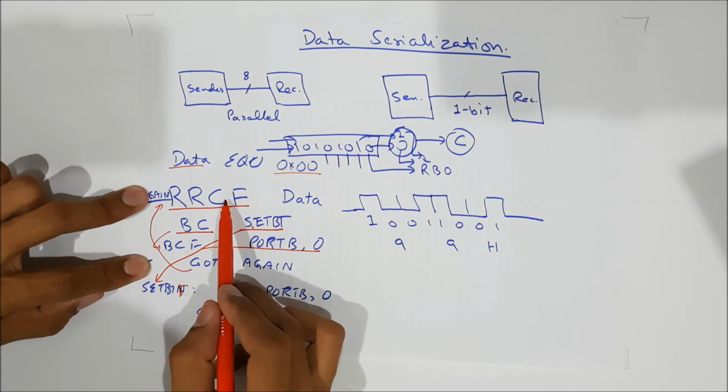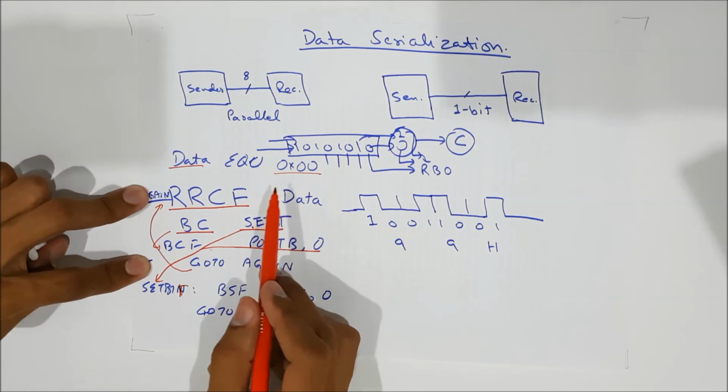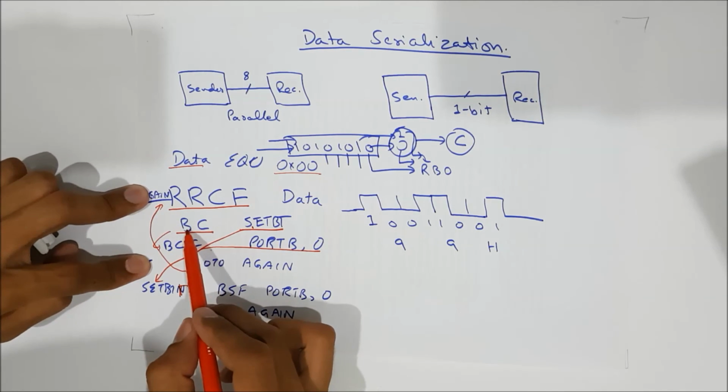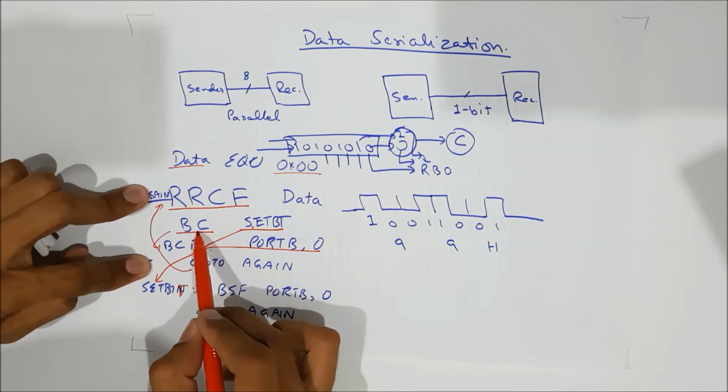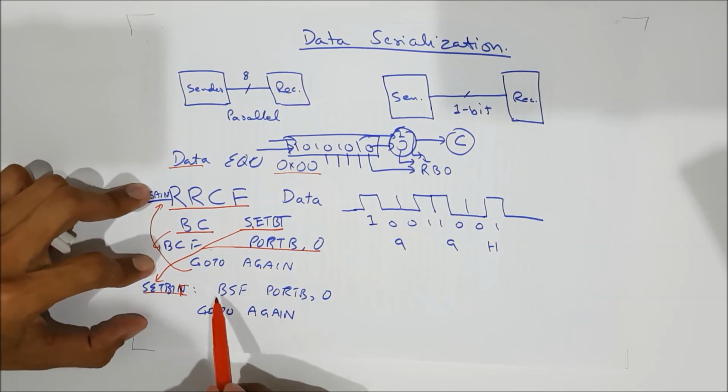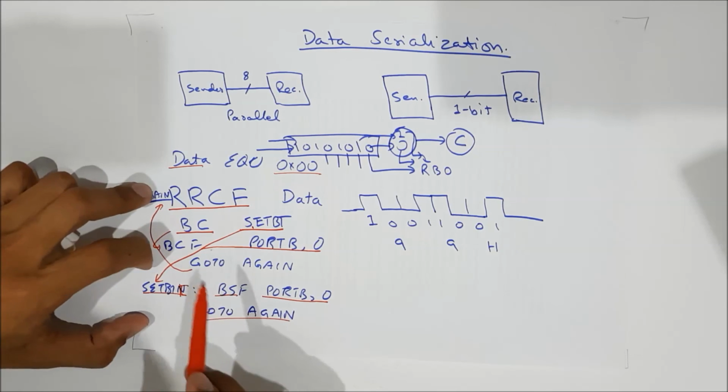Rotate it again, so the second bit will pop up, go into the carry, and again branch if there is carry to set bit. Let's say this time it was 1, so it will come here, set the port B and go to again.